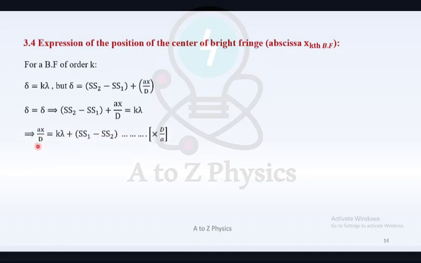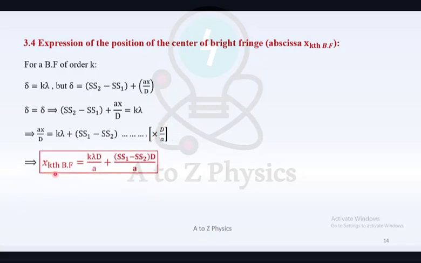So aX over D equals k lambda plus SS1 minus SS2. Multiplying this expression by D over a, we get X of the kth bright fringe equal to k lambda D over a plus (SS1 minus SS2) times D over a.